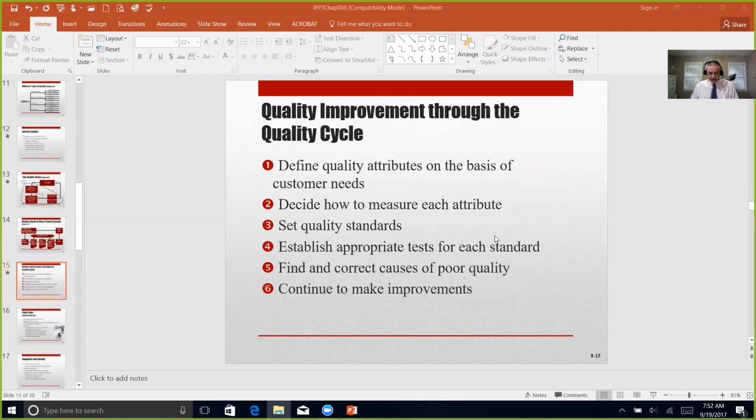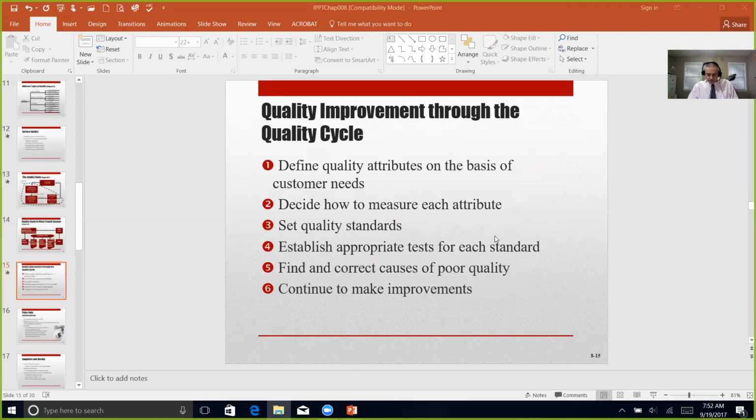Setting the quality standards, establishing the appropriate tests for each standard, and finding and correcting causes of poor quality at the very beginning, not just a surface identification, but truly eliminating those causes of quality. And as any good organization, you're continuing to make improvements in the entire process. So that's it. You see that over on page 168, 169.